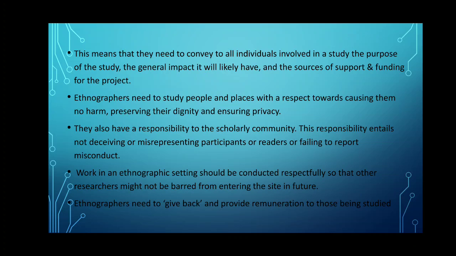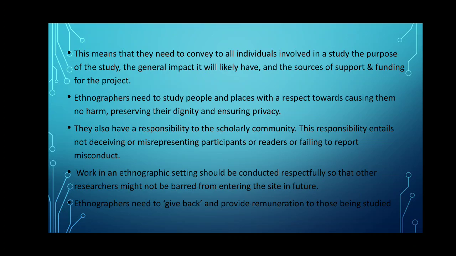They also have a responsibility to the scholarly community. It entails not deceiving or misinterpreting participants or readers, or failing to report misconduct. Work in an ethnographic setting should be conducted respectfully so that other researchers might not be barred from entering the site in future. Yes, we have to keep this in mind, that we have to do the work respectfully.